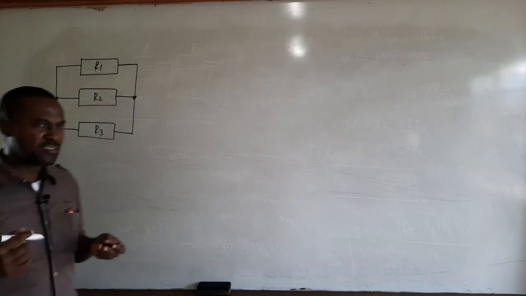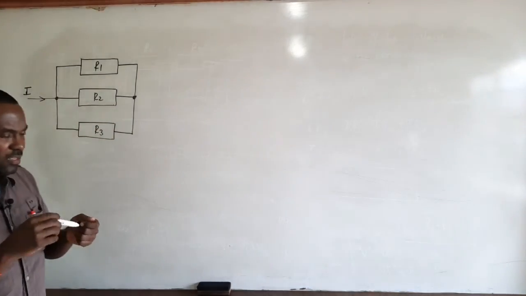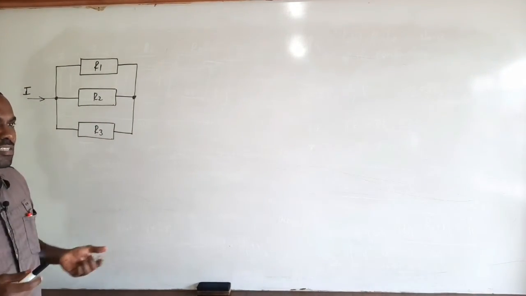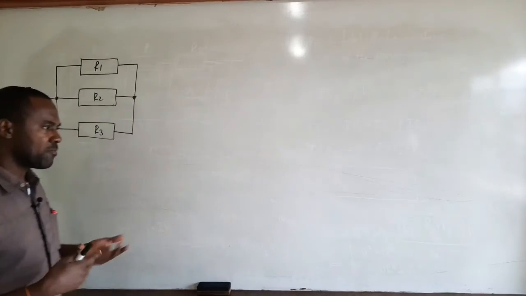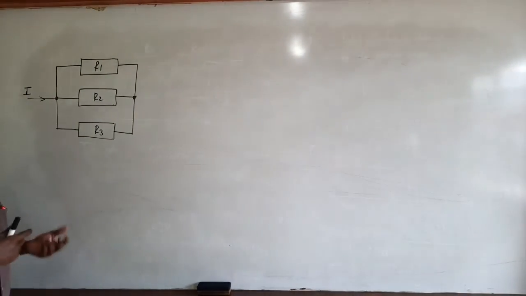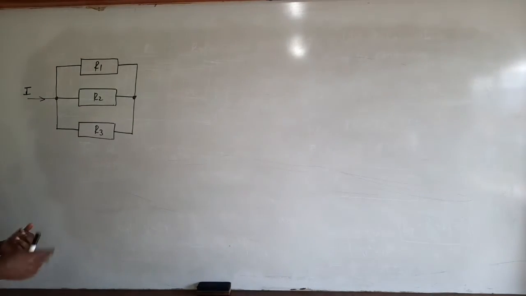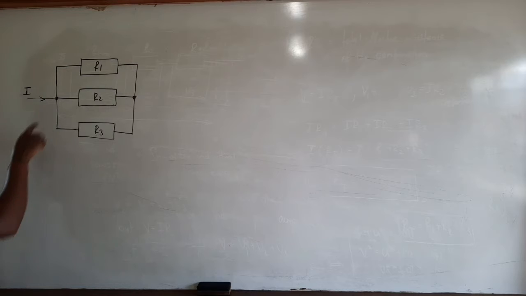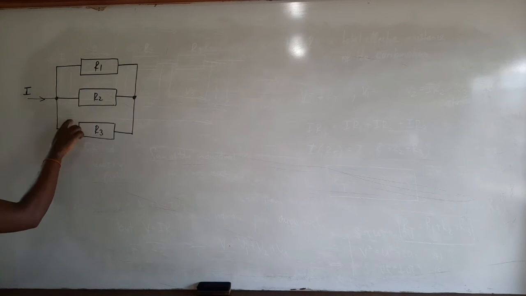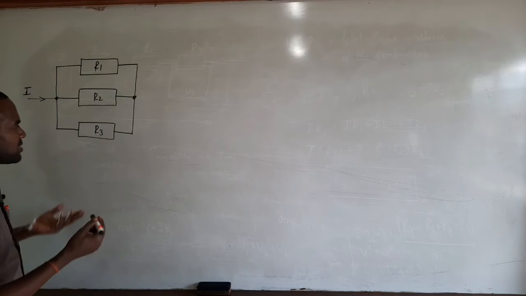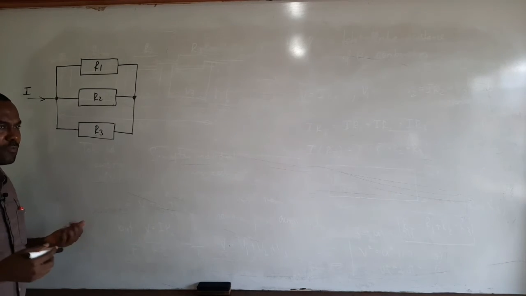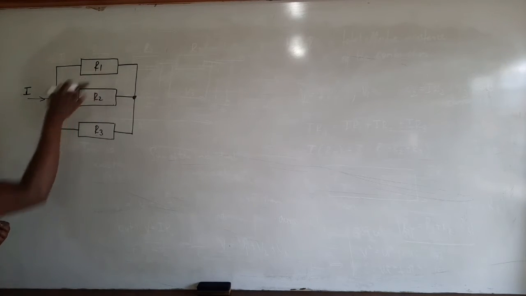Now when we looked at resistors in series, we said that the current flowing through each resistor was the same, because in that type of connection, the current sees only one path to flow, so the entire current flows in that path. In this particular case, when the current gets to this junction, it sees three paths, 1, 2, 3. So the current splits, and a portion of the current will flow along each path to each resistor.